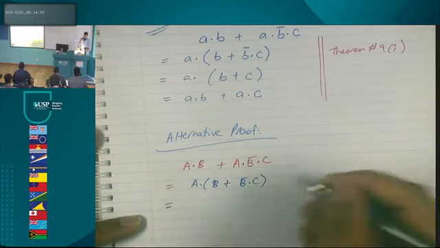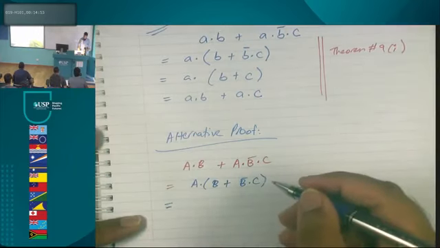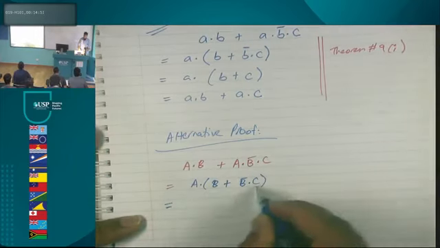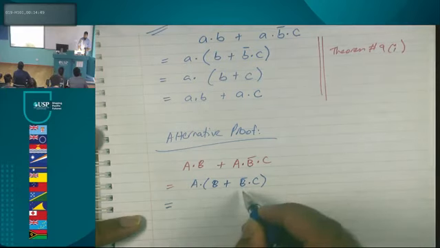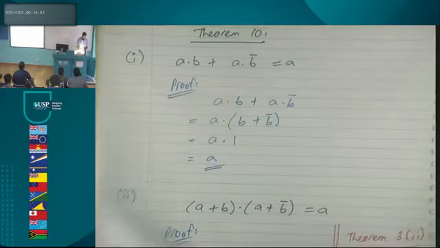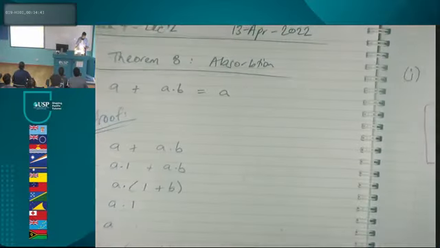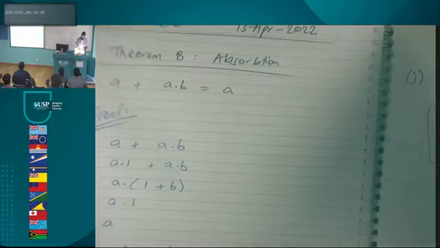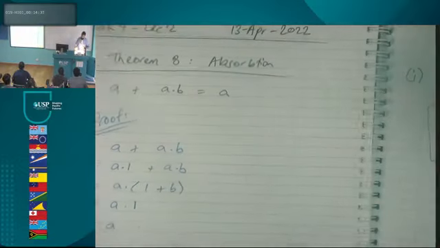Then some people would go the long cut. They would use the distributive property, theorem number 3.1 or something along those lines. Which one was it? Let's see the number.